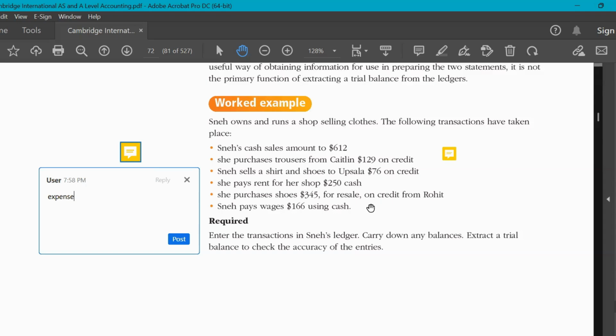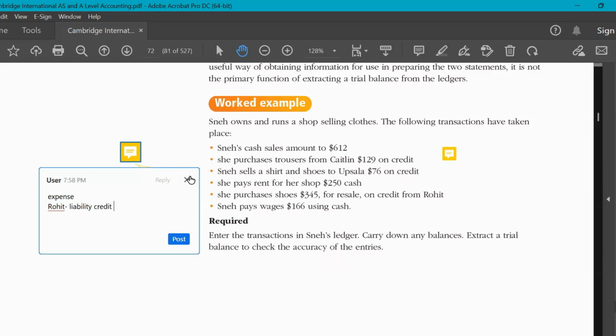It's on credit, so definitely it's going to be a liability. The other name for that is, of course, she owes something to Rohit. So the liability increases, and every time that the liability increases, it will definitely be on the credit side.